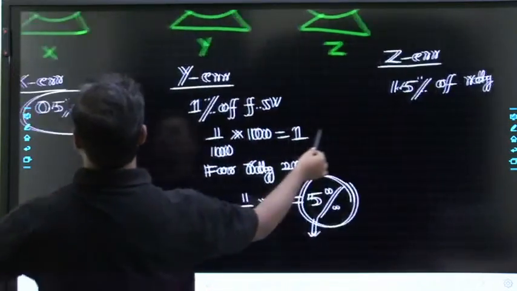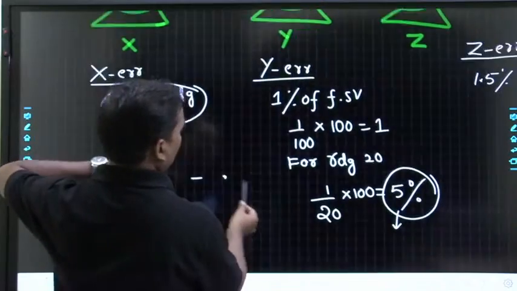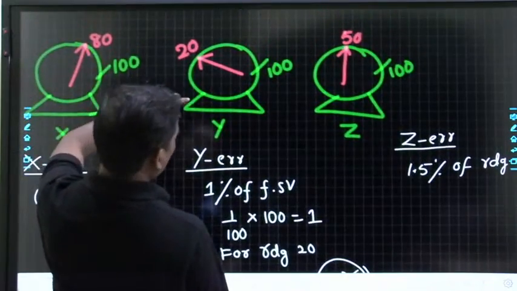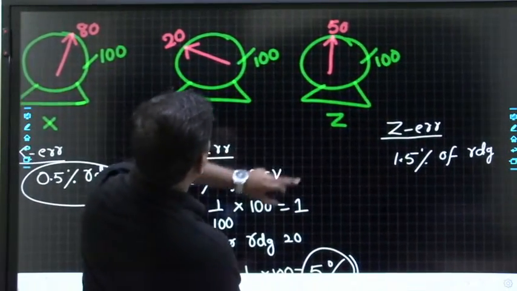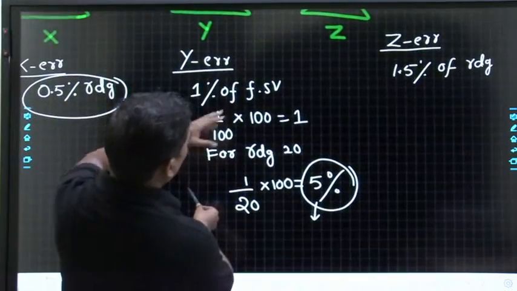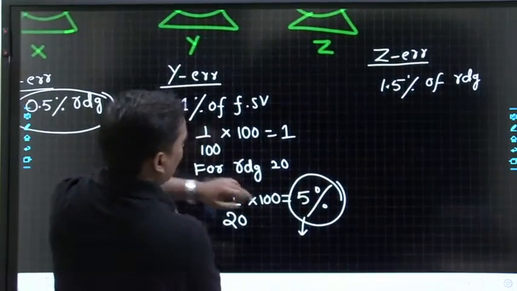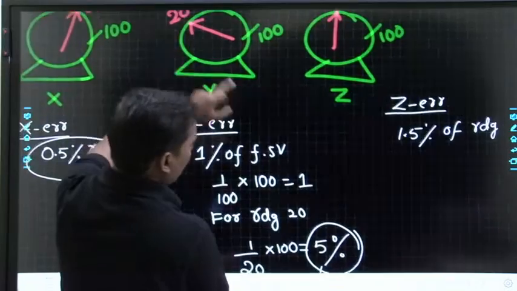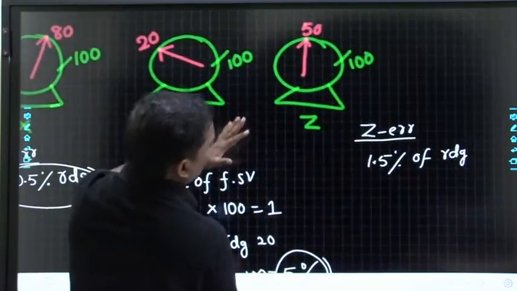So with respect to readings, we got all of that. With respect to X instrument, 0.5% of reading. With respect to Y instrument, he has given 1% of full scale value, which means 1, that means the percentage of limiting error is 5% of reading. For Z, it is 1.5%.